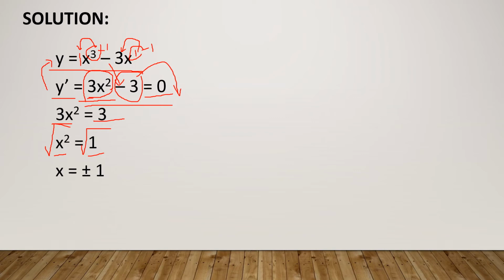So here there are two computed values for x: positive 1 and negative 1. These computed values of x will be substituted into the second derivative to get the maximum point.